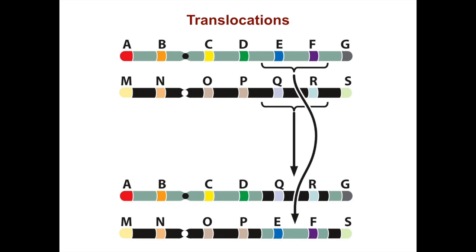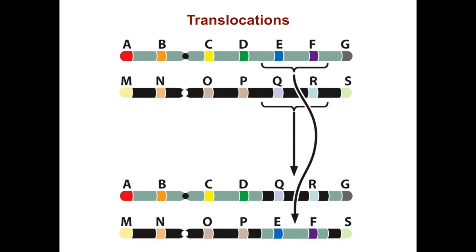Translocations can also occur, and this is a kind of interchromosomal change, not an intrachromosomal rearrangement. So you can see here that you have movement of E and F to this other chromosome, which contains MNOPQRS.